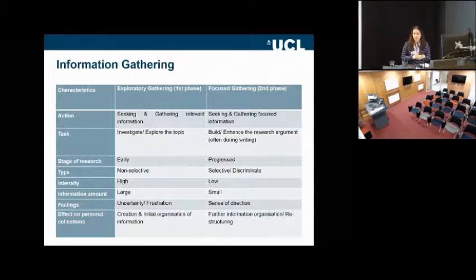Our conclusion is that art historians can have different information needs at different stages of their research, and that should be taken into account when creating digital resources, because the use of a digital resource differs based on the stage of the research process.